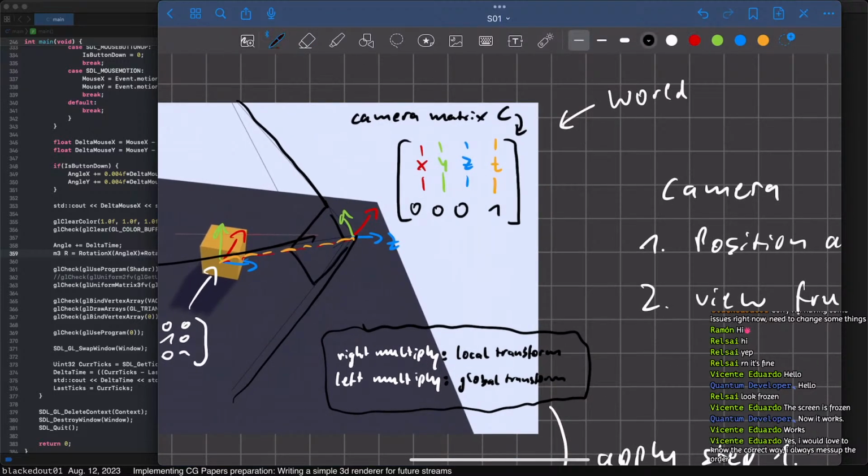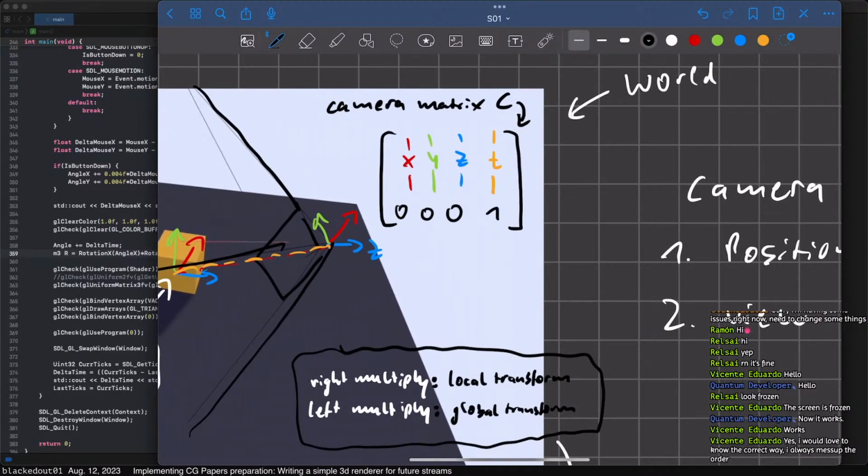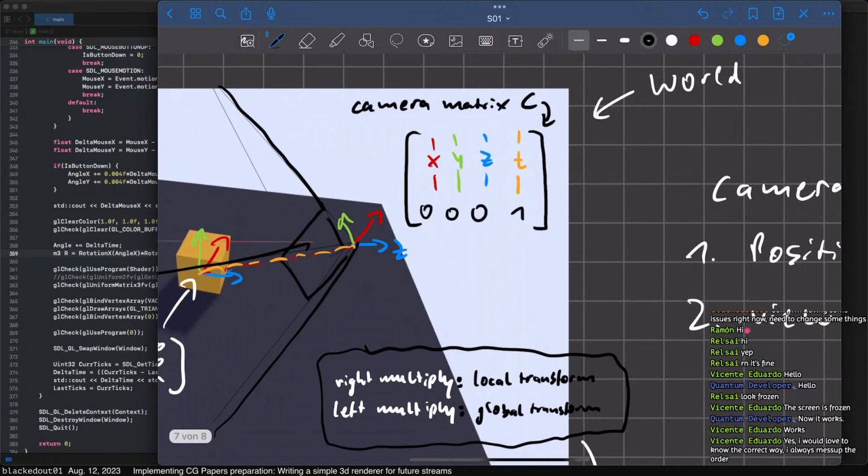And to make the matrix multiplication work, because it's not possible to multiply the point x, y, z with this. If we were to multiply this out, we would multiply this row with this, and then this row with this, and then this with this, and this with this. But this doesn't work because here are 3 entries and here are 4.